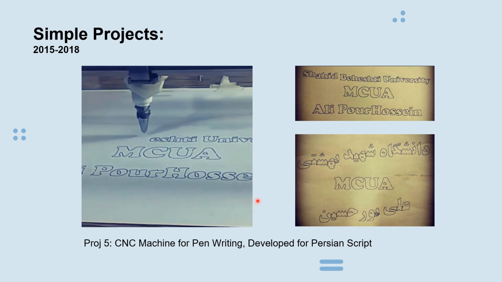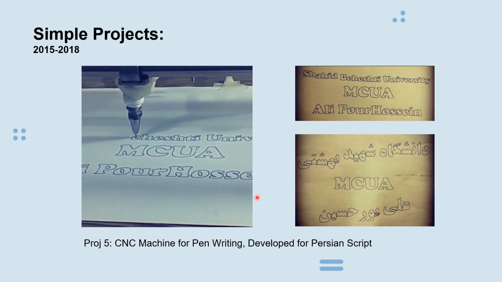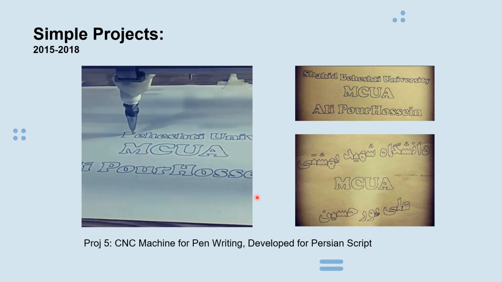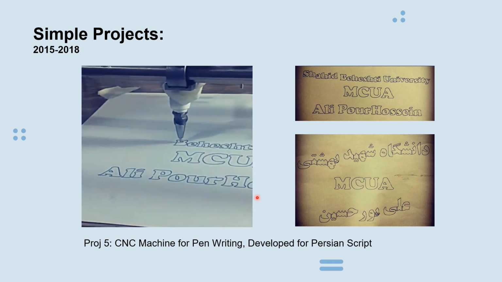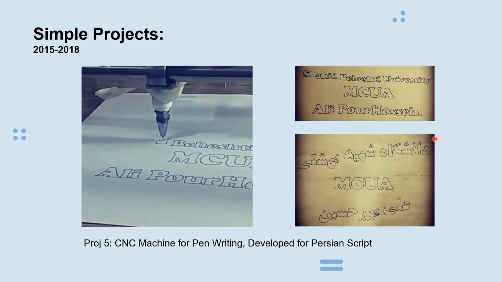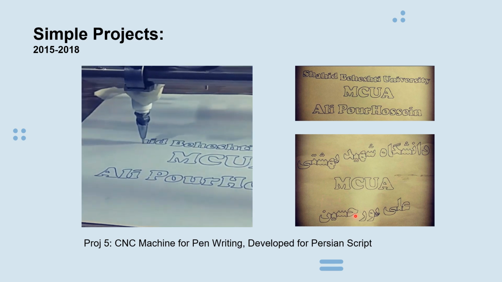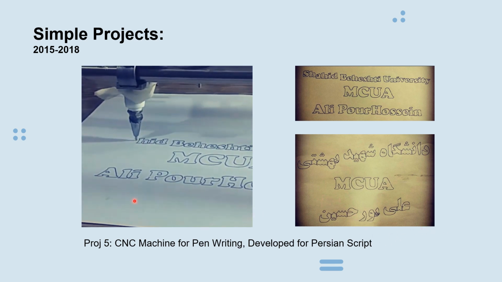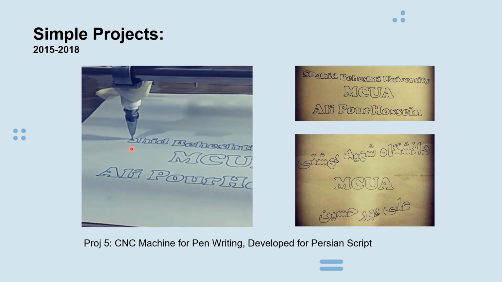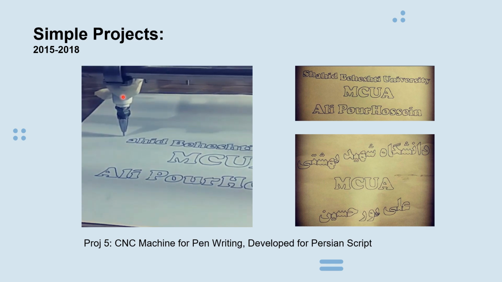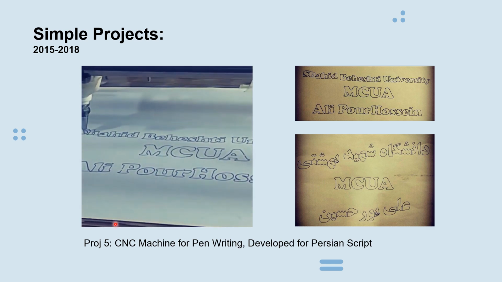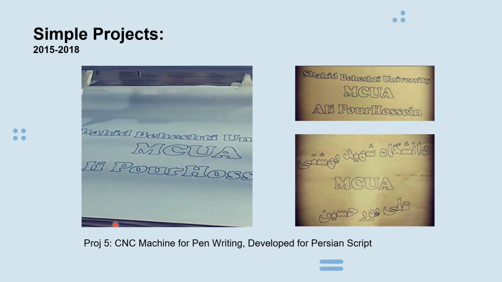I used an Arduino board for controlling them, and I also worked on Persian script, as you can see here. So the machine can directly write Persian text as well. I taped it on the motor, so it's not professional, but it's working well.